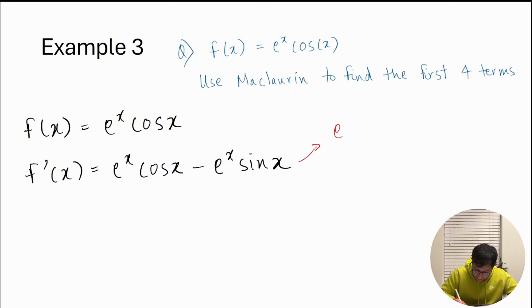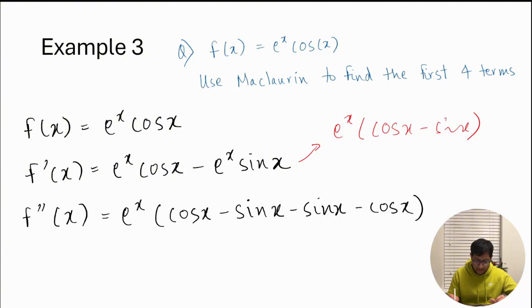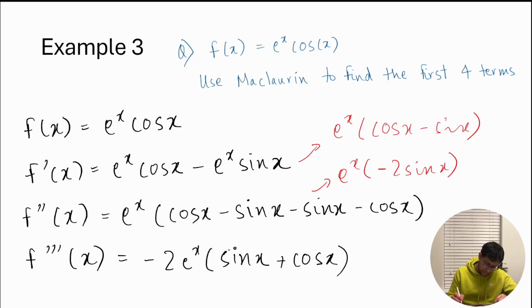Well, this just gives you e to the x, cos x minus sin x. Differentiate it again to get e to the x cos x minus sin x minus sin x minus cos x. Well, this is just e to the x minus 2 sin x, or you could write it as minus 2 e to the x sin x as well.